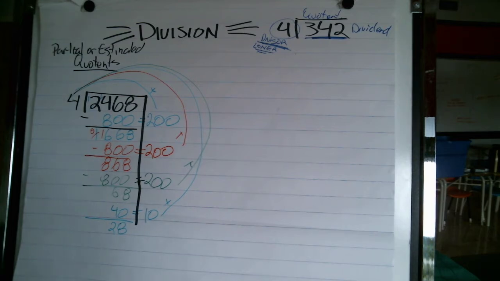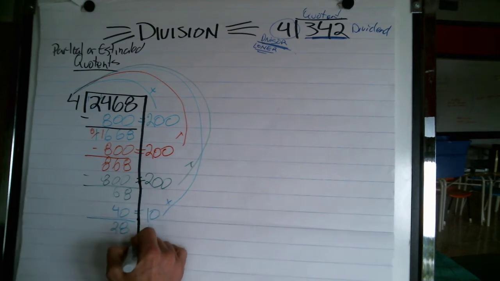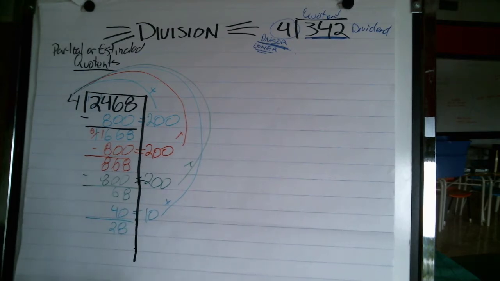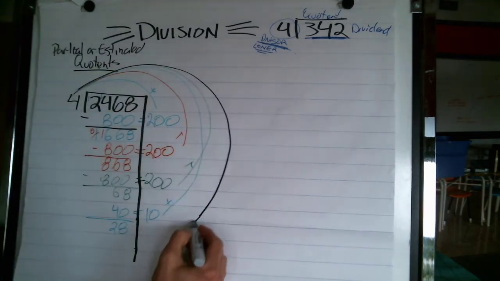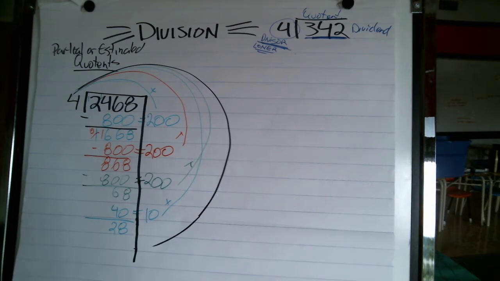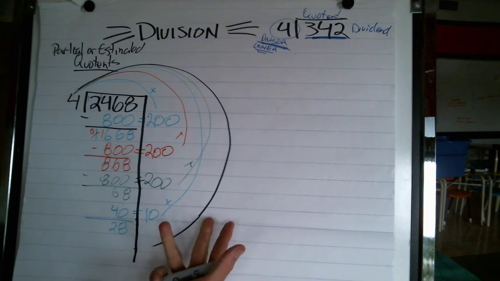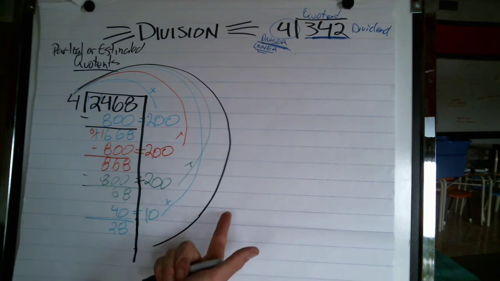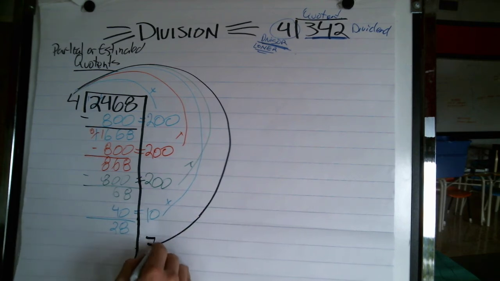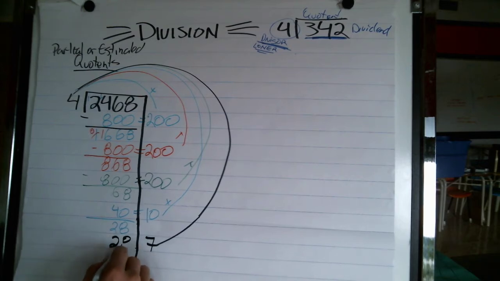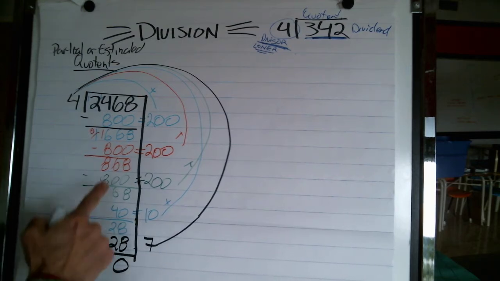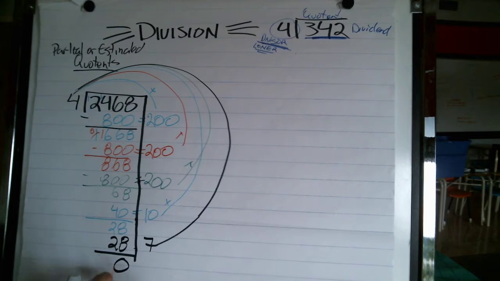Well, 4 goes into 24, so it has to go into 28. So how many times do we go in? Let's see, 4, 8, 12, 16, 20, 24. It goes in 7 times. Perfect. 7 times. Hey, look at that. It worked out just nicely. In this, you may end up with a remainder, but we can talk about that next week.